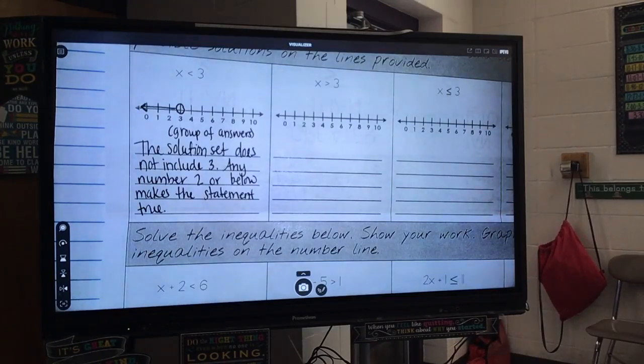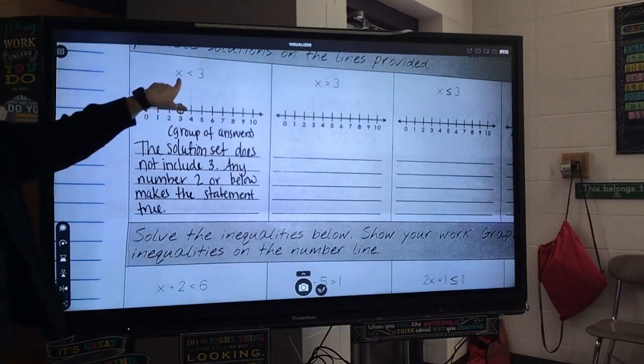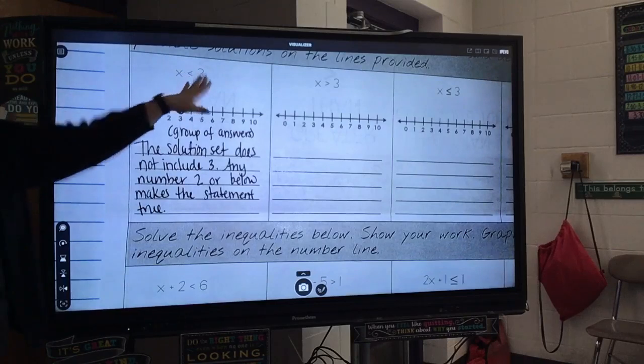Any number 2 or below makes the statement true. So someone pick a number 2 or below, plug it in and prove to me that it's true. Corbin. 1. Say the rest of the statement. So like if you're saying 1, so 1 goes here, so 1 blank 3.